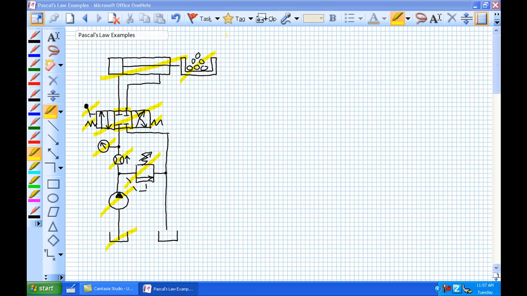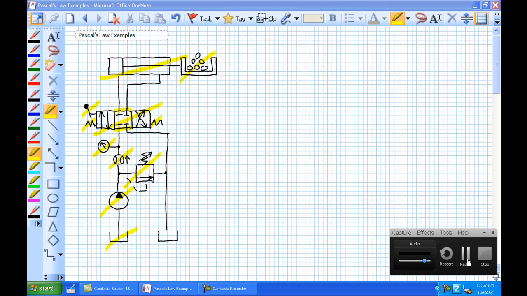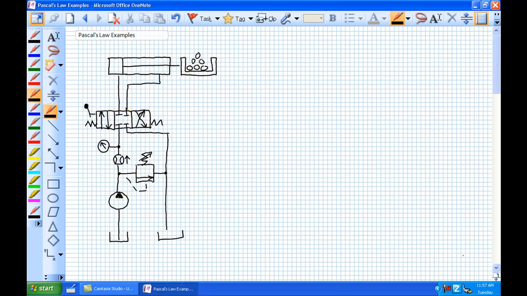And now that we've identified the schematic symbols, the second question to you is, what does this thing do? Based off the schematics, what you've seen so far, basically our pump is taking fluid from a reservoir, pressurized flow. It's going through our flow meter, which is going to read it, and it's going to stop right there because of the closed position.